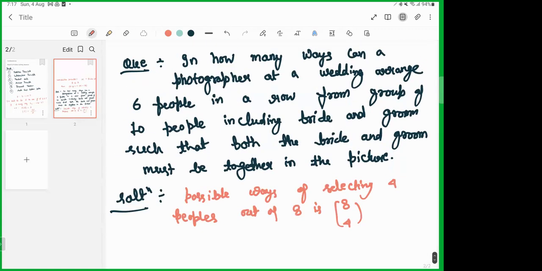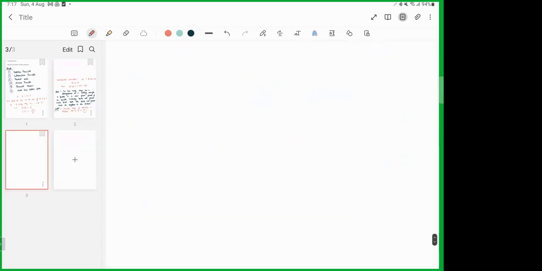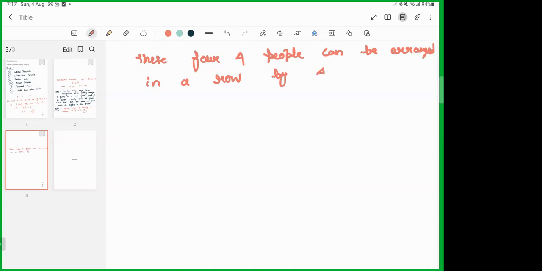Then multiplied by factorial 4 also, because these 4 people themselves can be arranged in a row in 4 factorial ways.